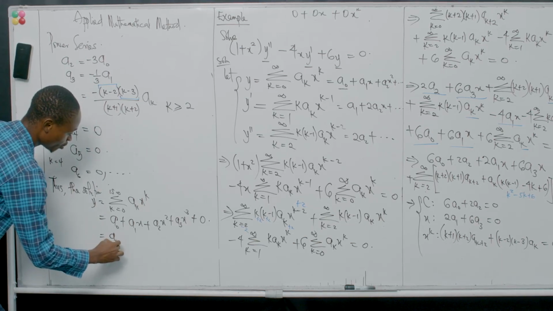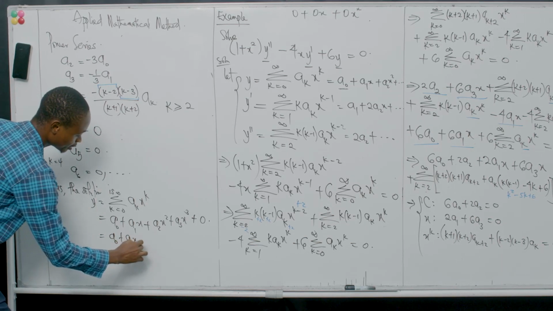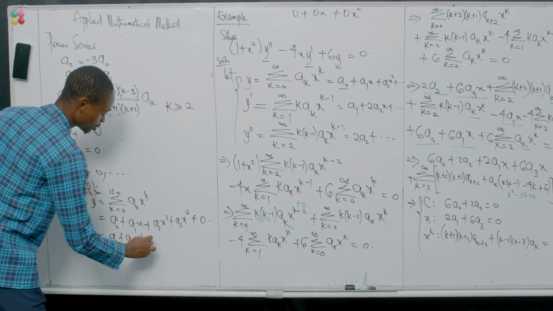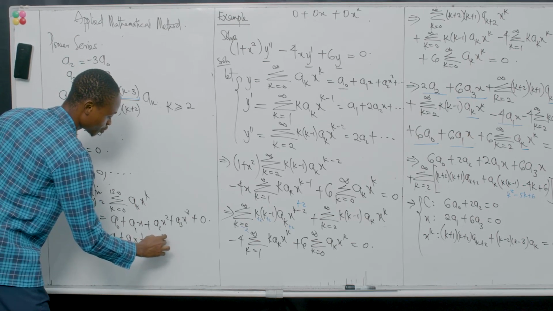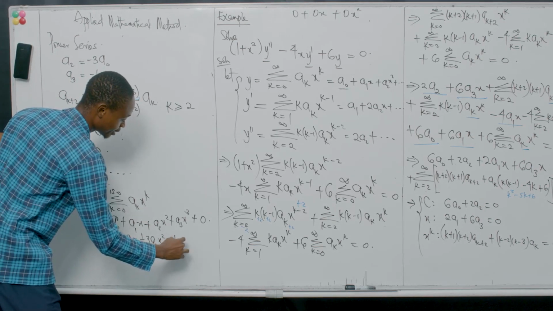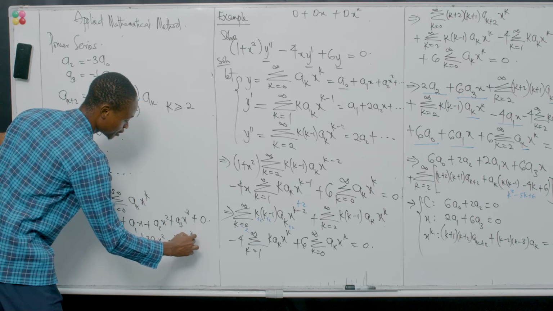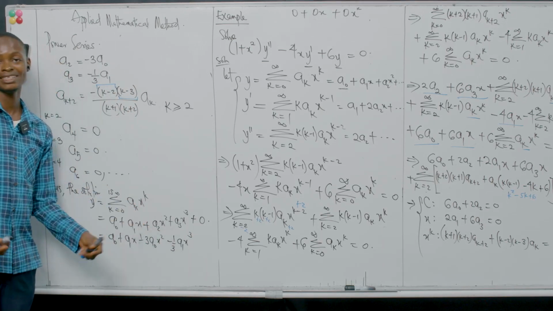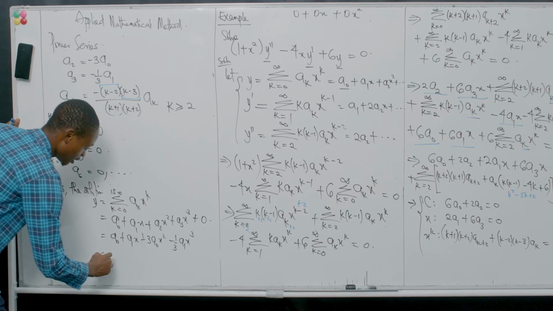But we know the value of a3 and a2, so we substitute. We now have a0 plus a1x minus 3a0x squared minus 1 over 3 a1x raised to power 3. And then at this point, you just have to collect like terms in terms of a0 and a1.